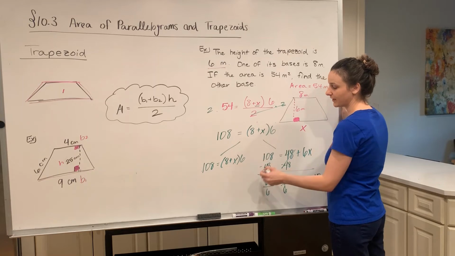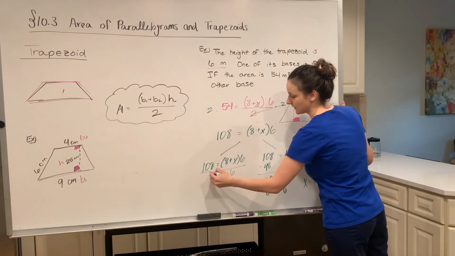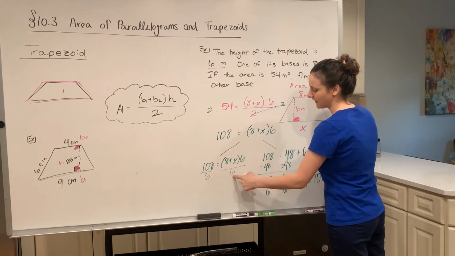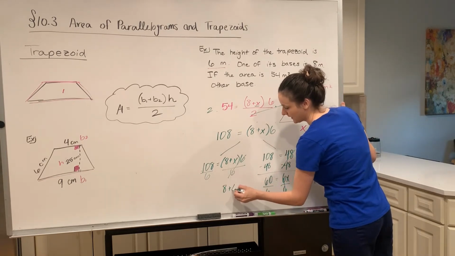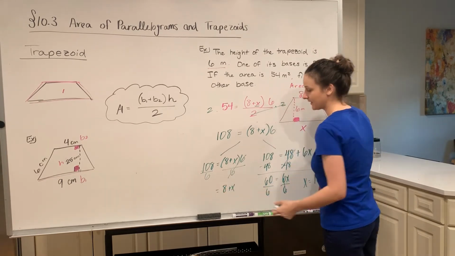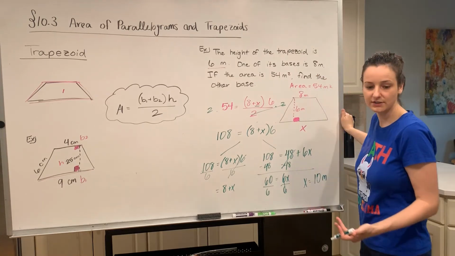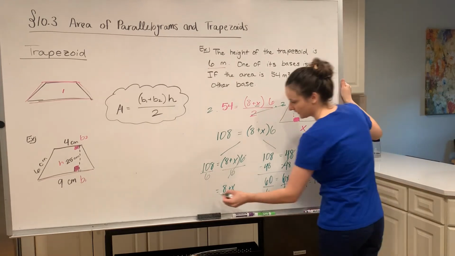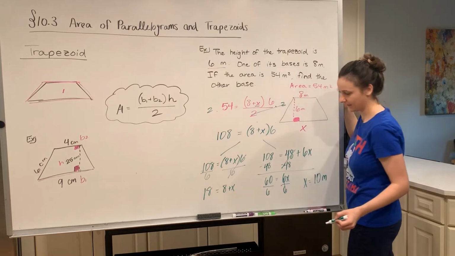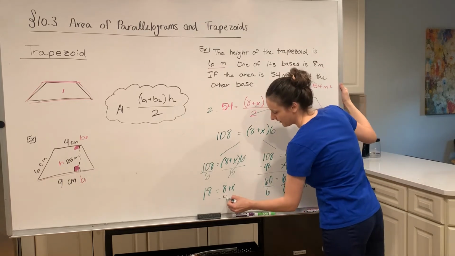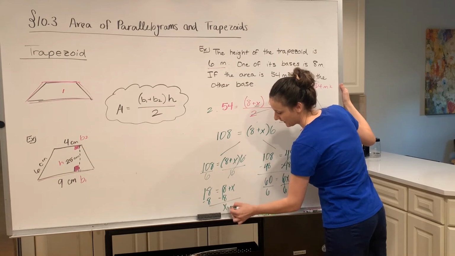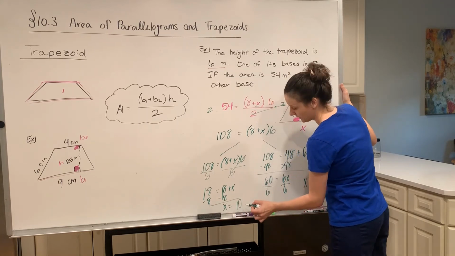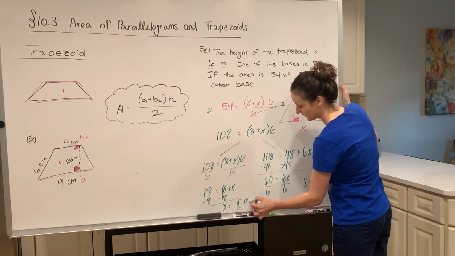So the opposite of multiplying by 6 can be to divide by 6. 6 divided by 6 is 1. So now I'm just left with 8 plus x by itself. And then 108 divided by 6 is going to leave you with 18. Now we can easily solve by subtracting 8 from both sides. And you will be left with x is equal to 10 meters.